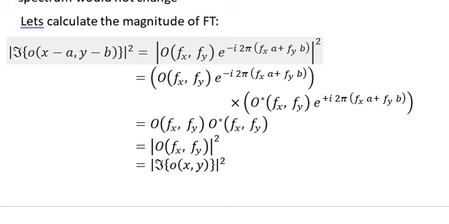And you know that if you expand this absolute square, you have the quantity in the first parenthesis, multiplied by its complex conjugate in the second parenthesis.